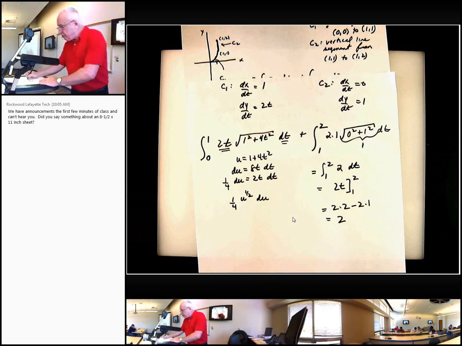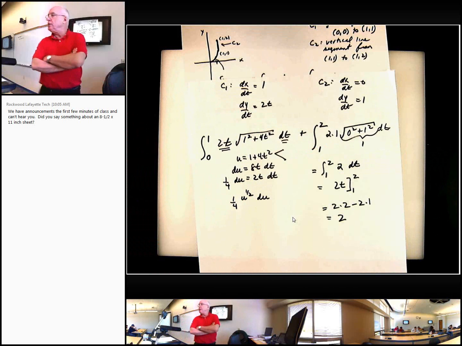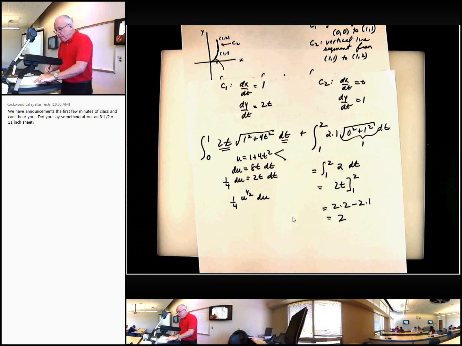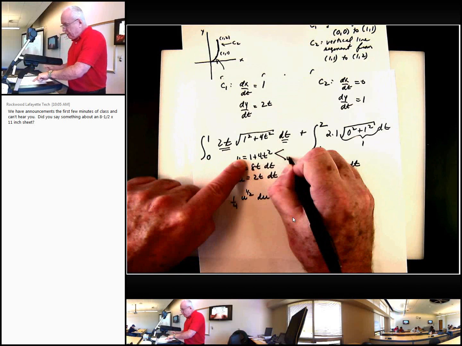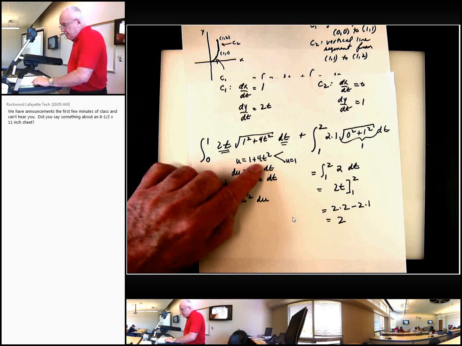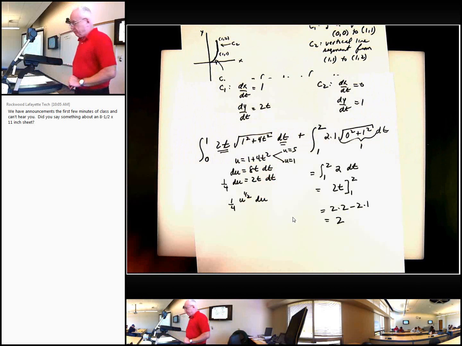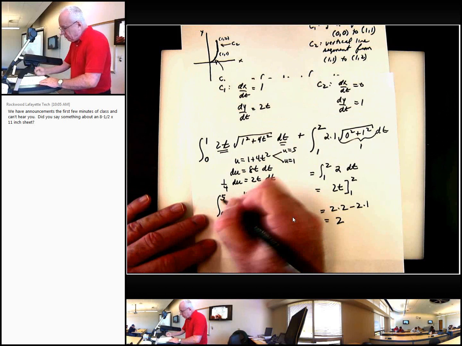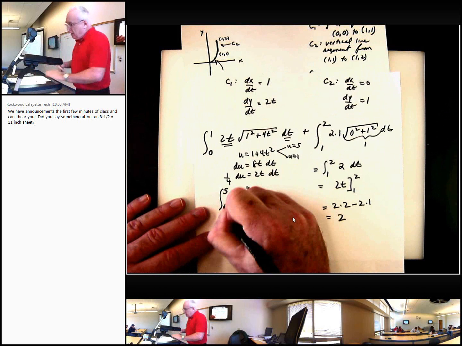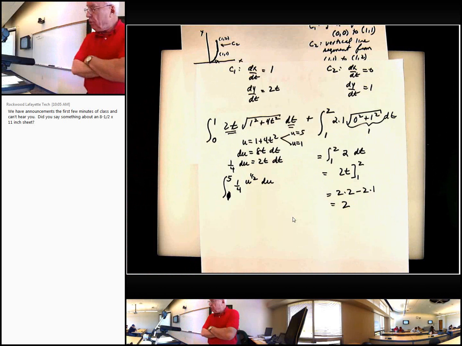And since it's a definite integral, I'm just going to change my limits of integration and just stick with u. So when t is equal to 0, u is equal to 1, that's my lower limit. And when t is equal to 1, u is equal to 5. All right. So basically what I then have for my first integral, oh, I'm sorry, that should be a 1. The integral from 1 to 5 of 1/4 u to the 1/2 power.